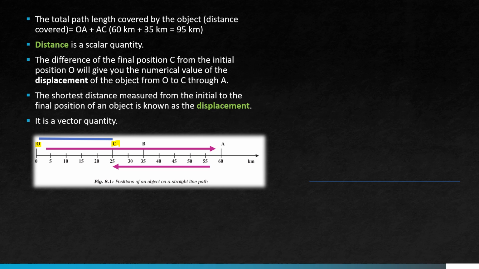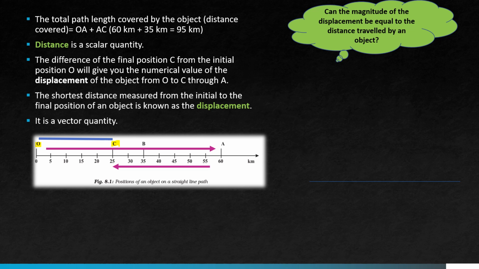There might be multiple questions which I'll attempt to answer here. The first question that we'll discuss is, can the magnitude of displacement be equal to the distance traveled by an object? Can it happen that displacement and distance of the object are the same?